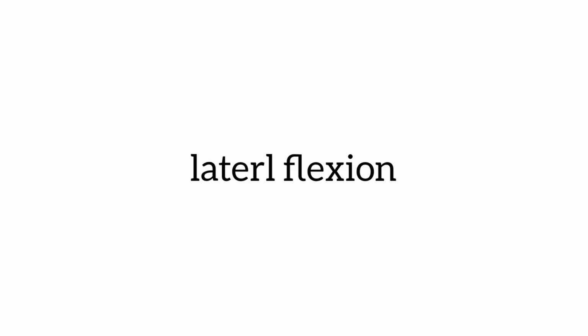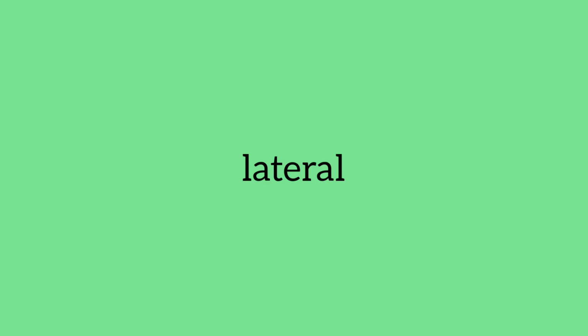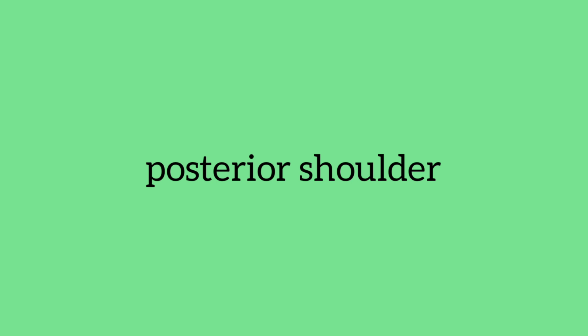Next, what is lateral flexion? In lateral flexion, the anterior shoulder escapes under the symphysis pubis, the posterior shoulder sweeps the perineum, and the body is born by the movements of lateral flexion.